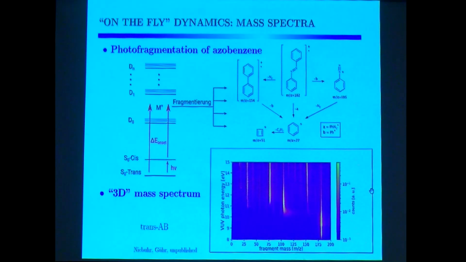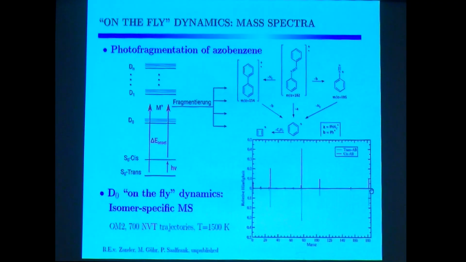And so with this we have applied it to several molecules. We also have calculated such three-dimensional mass spectra for certain molecules. But here I just want to tell you again the story for azobenzene. In azobenzene we have this trans form, but we also have the cis form. And the question we were interested in: do they have different fragmentation patterns?